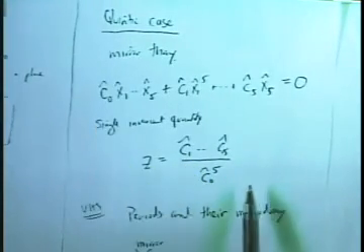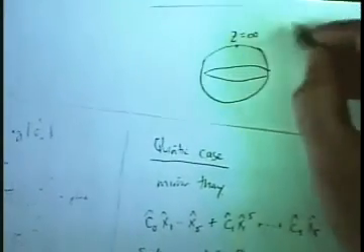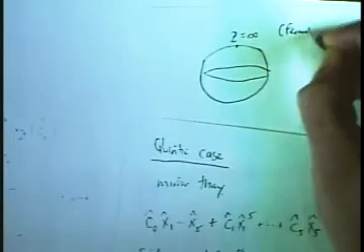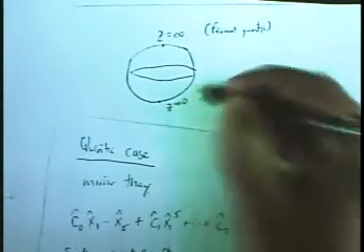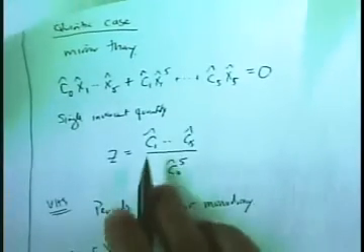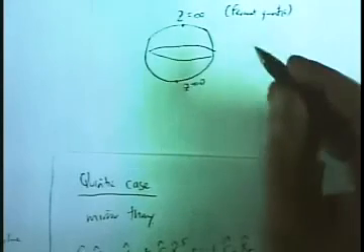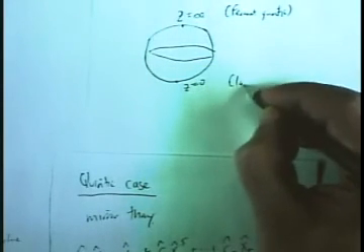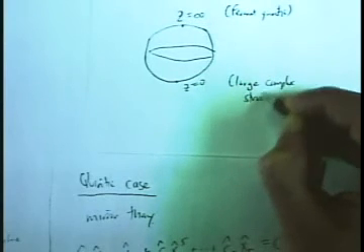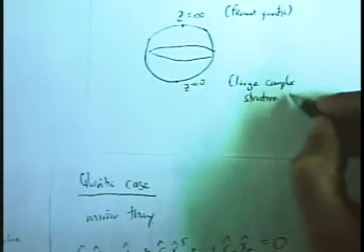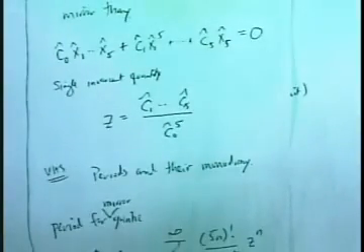So z equals infinity is the Fermat quintic. Z equals 0 is another special point. Z equals 0 corresponds to one of the C's vanishing and C0 not vanishing, and that corresponds to what's often called the large complex structure limit point. That's the point about which we've just made a series expansion, since the series was a power series in Z.